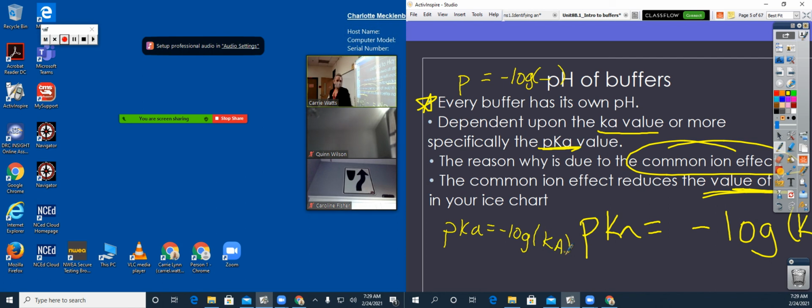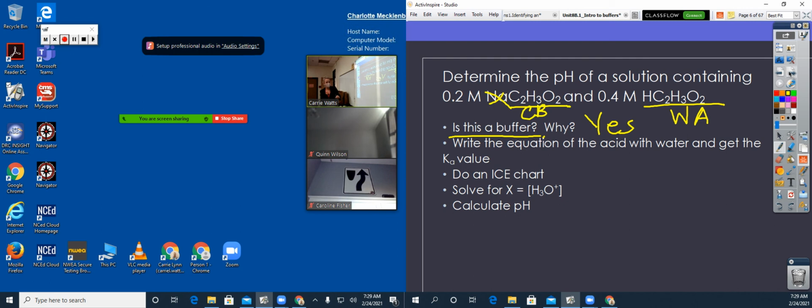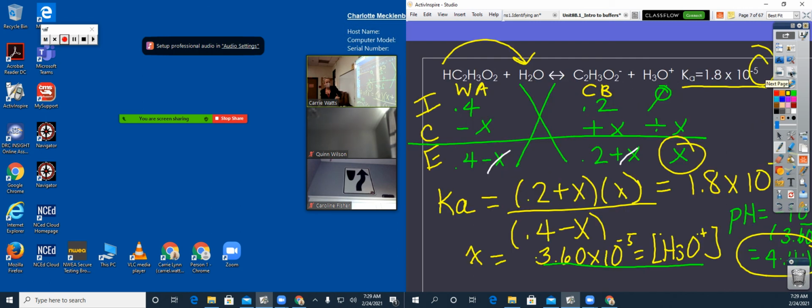Okay, and you're going to find, when we did our example problems yesterday, okay, so what we did was we took this acetic acid with acetate base, conjugate base. Okay, we did our ice table. These are our given quantities that they gave us in the problem. We solved for Ka. Okay, actually I looked up Ka for acetic acid.